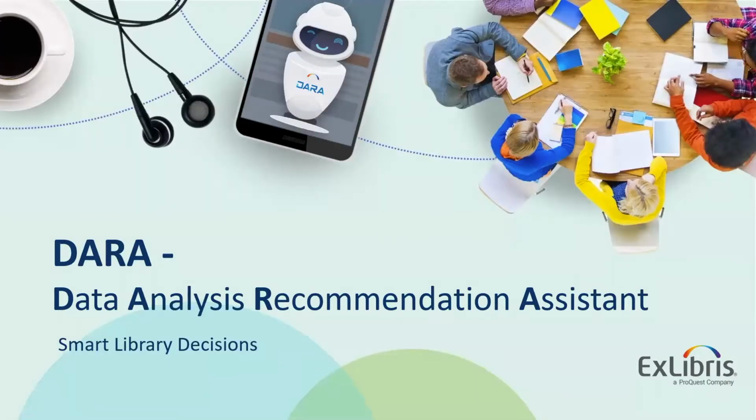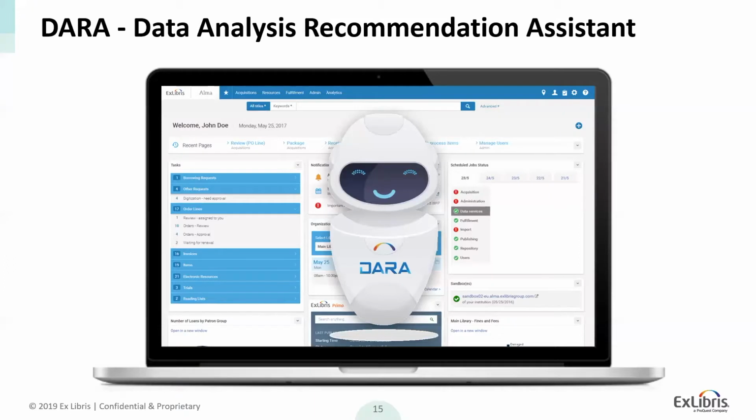And so for the next part of the time we have together, let's talk a little bit about something that we're calling Dora. And Dora is an acronym for Data Analysis Recommendation Assistant. And really it's our way of providing smart recommendations in order to make smart library decisions.